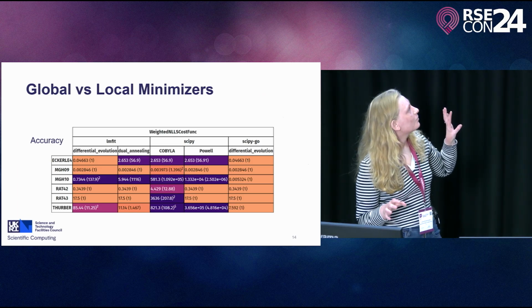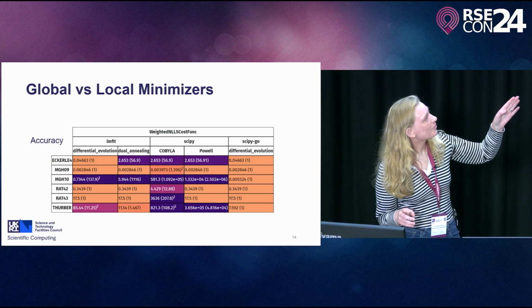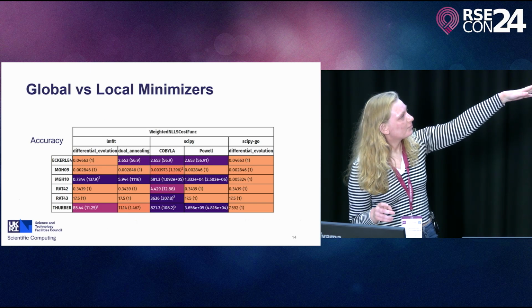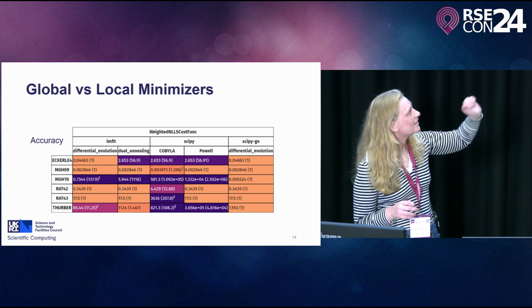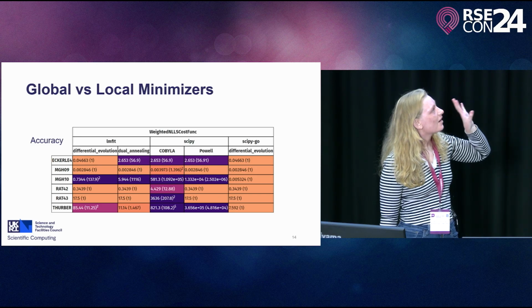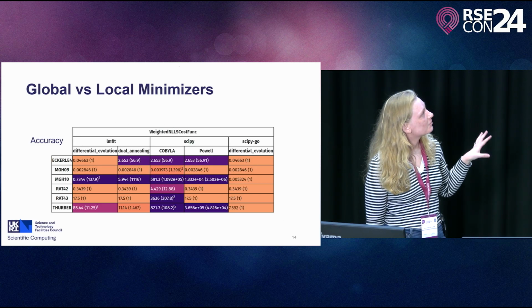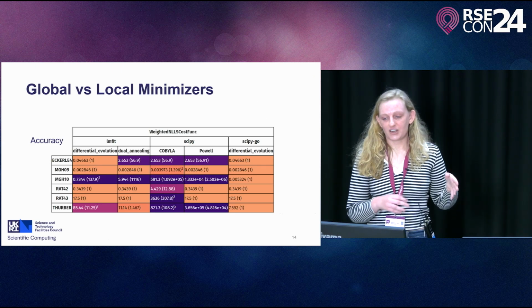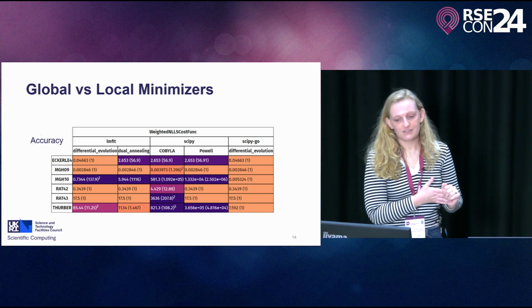So this is an example of an accuracy table. We've got a global minimizer in the end column under the SciPy GO package, and then the LMFit minimizers are also global minimizers. And you can see that for SciPy GO, we're getting overall the best accuracy for this problem set.